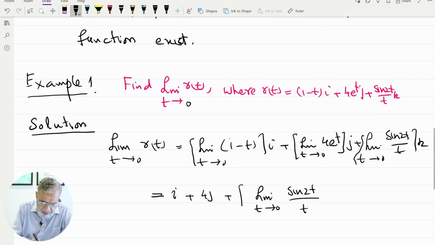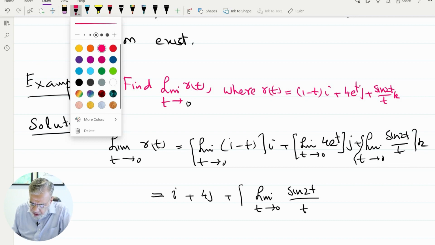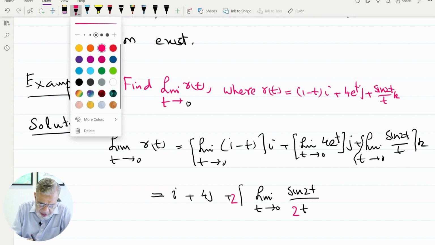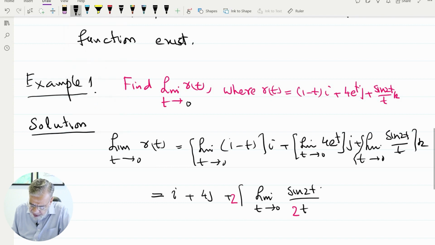So we multiply by 2 in the denominator and put 2 outside. Now we can apply our formula: sine x upon x, as x tends to 0, is equal to 1. So the answer is i plus 4j plus 2k.